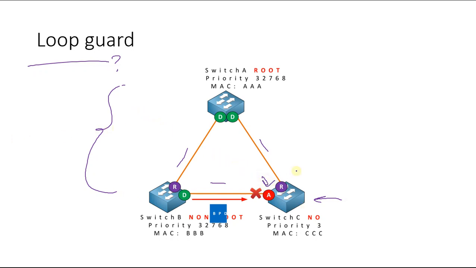Here we are talking about RSTP. After comparing all the priorities and MAC addresses, switch B and switch C, this port, for example FA0/16, will become alternate and in blocking mode.